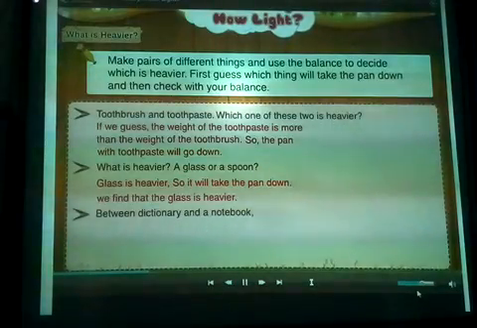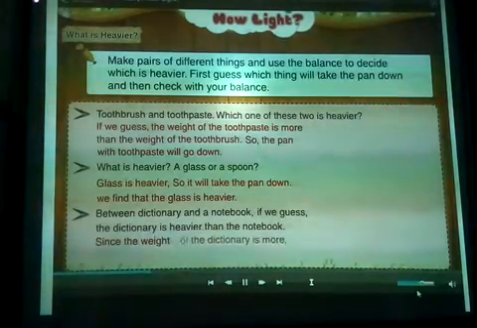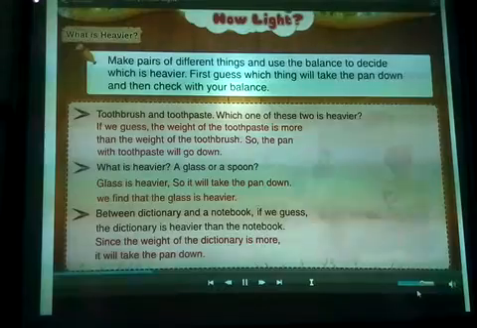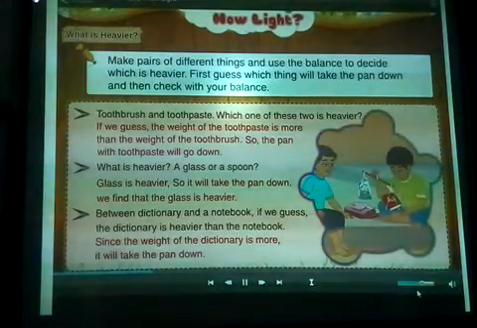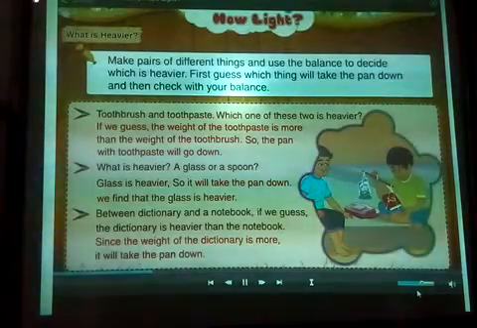Between the dictionary and a notebook, if we guess, the dictionary is heavier than the notebook. Since the weight of the dictionary is more, it will take the pan down. Let's verify it. We find the weight of the dictionary is more, and so our guess is correct.